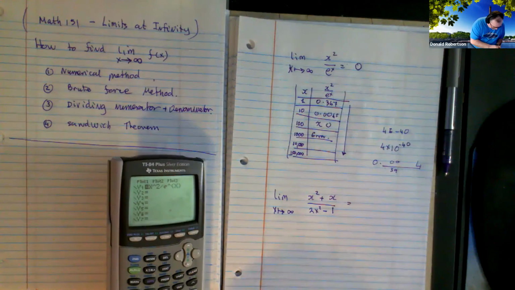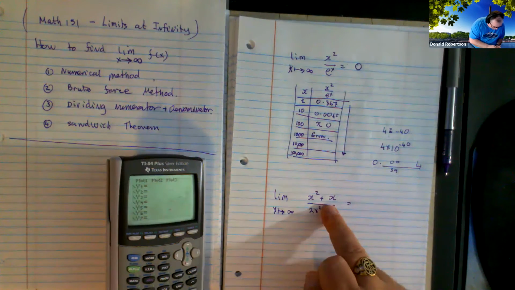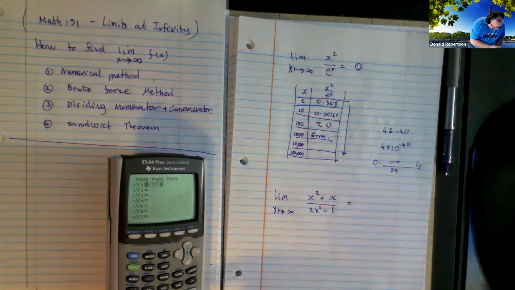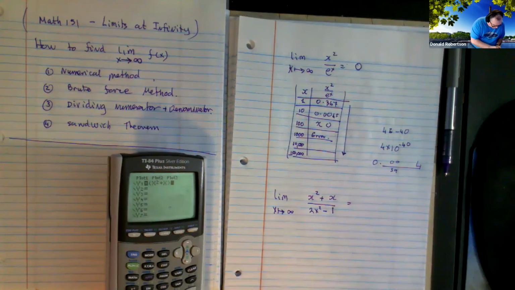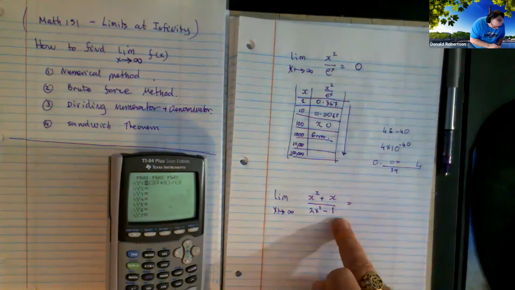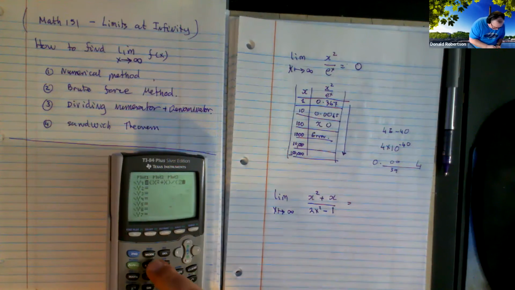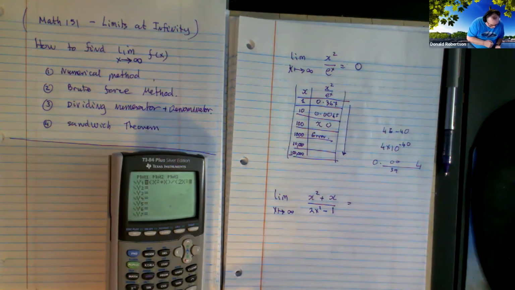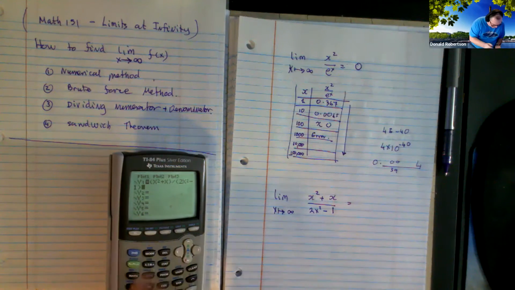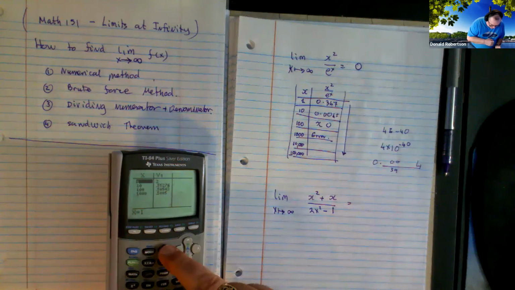I'd put brackets around it, so it's x squared add x on the top, close the brackets, divided by another set of brackets for the bottom, 2x squared, take away 1, close the brackets. And I've already done the table setup, so once you've done it once, ignore that step. Go to second table, hit delete to get rid of the old stuff, and here goes.